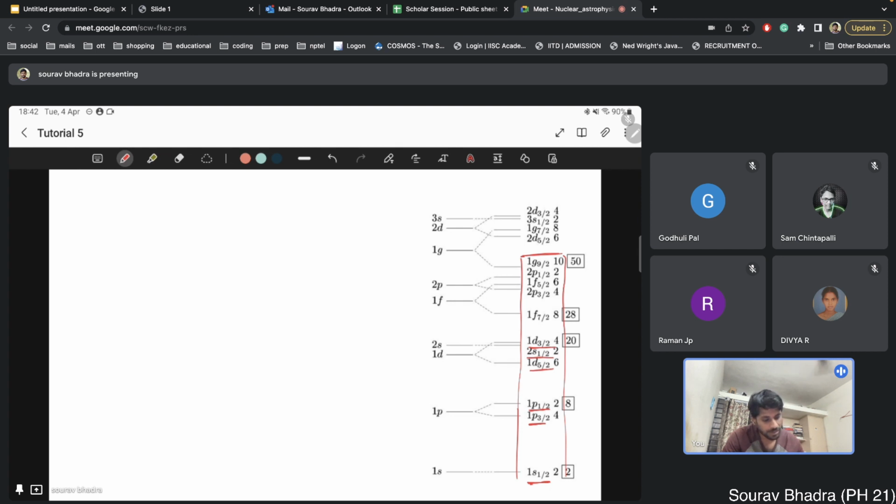Okay, so 1s half is the lowest. If you go just above to 1p, with the higher J number the energy will be lower. So 1p 3 by 2 will be lower, 1p half will be higher. Again, if you go to higher levels, you can make some arrangements according to your understanding, and you can remember. This is all I am telling you about how to remember this.